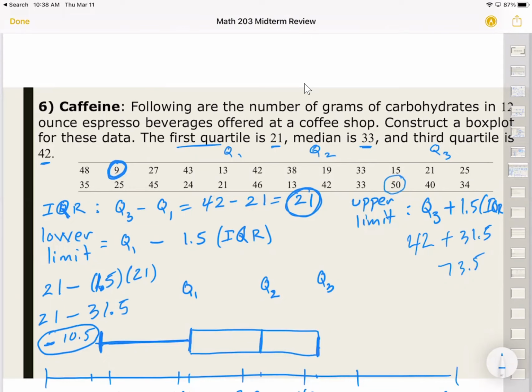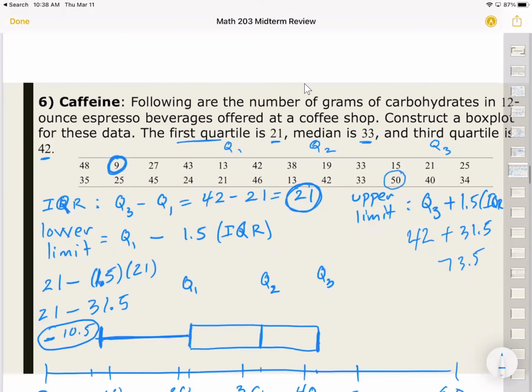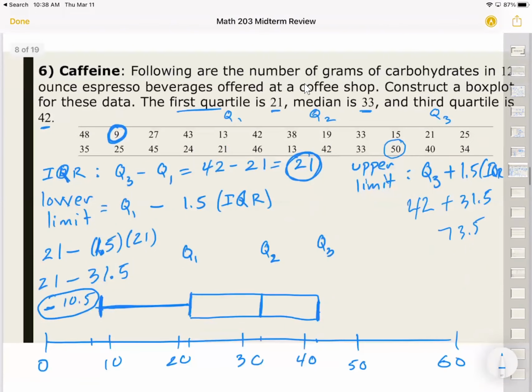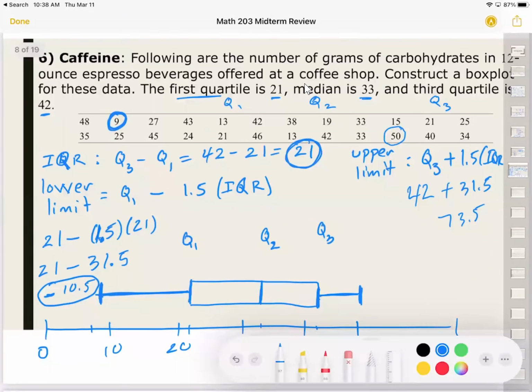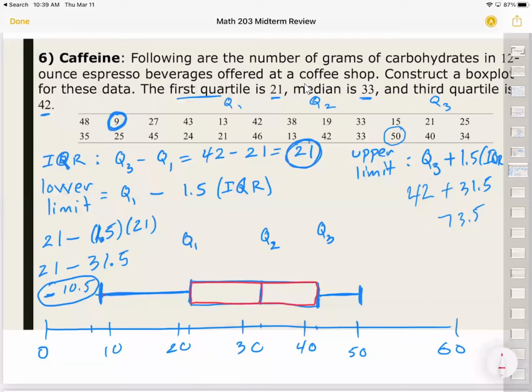So in terms of this, this will be your box plot, which is this item here. That will be your box plot in terms of the box.